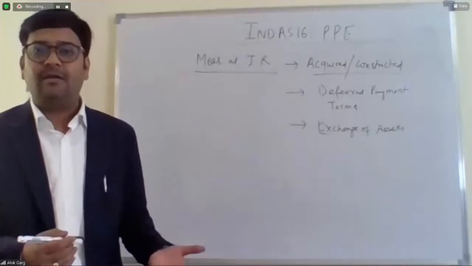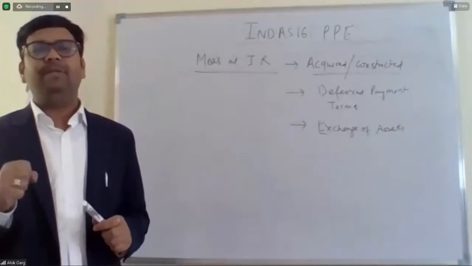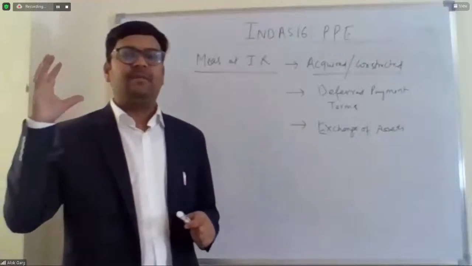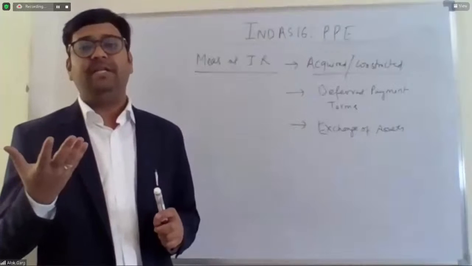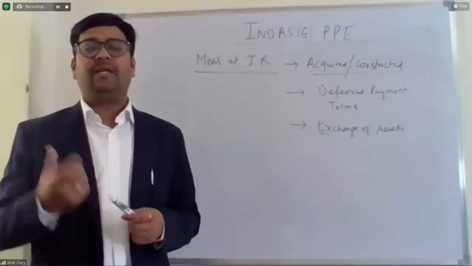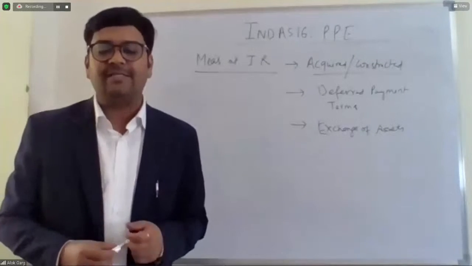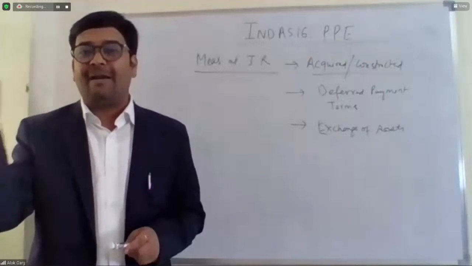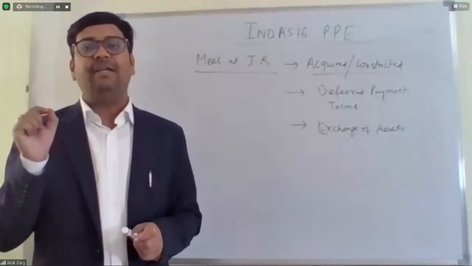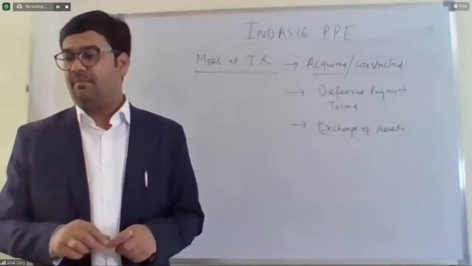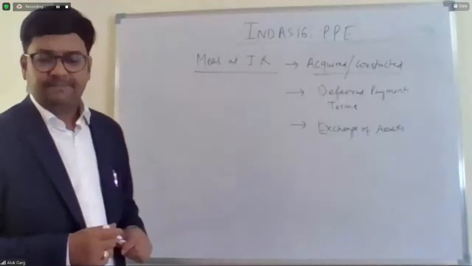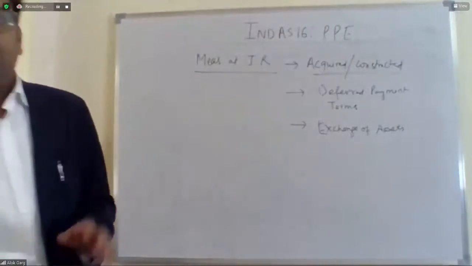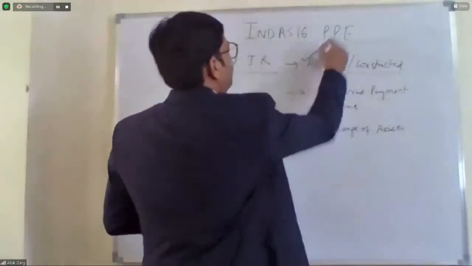Okay, but sir, what will happen if the company has taken some machinery which is a qualifying asset and the company has paid money on deferred payment terms and will pay interest? In that case, this interest cost will be capitalized as part of the Ind AS 23 borrowing cost. Okay, so friends, this part we have covered.